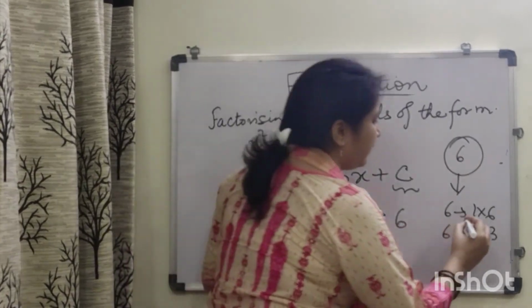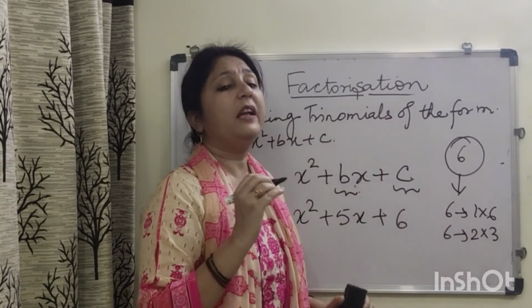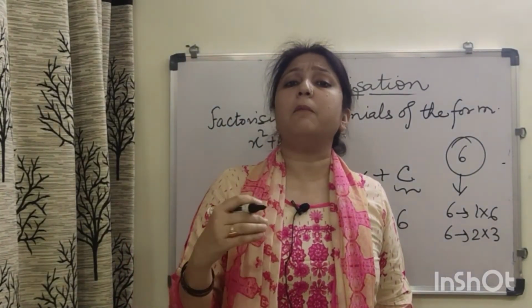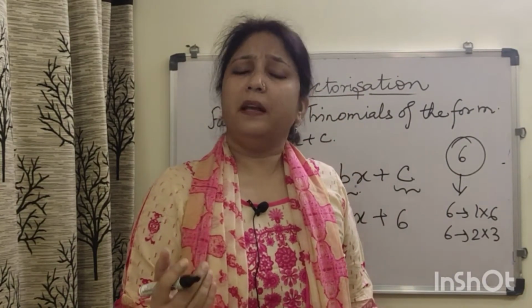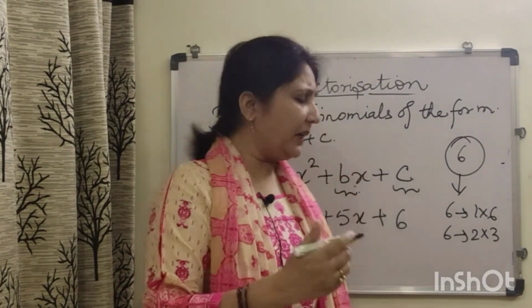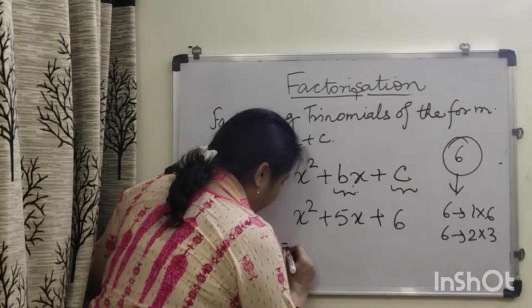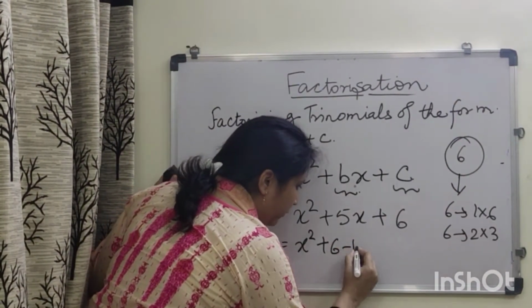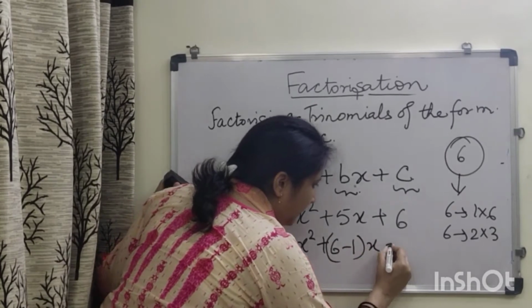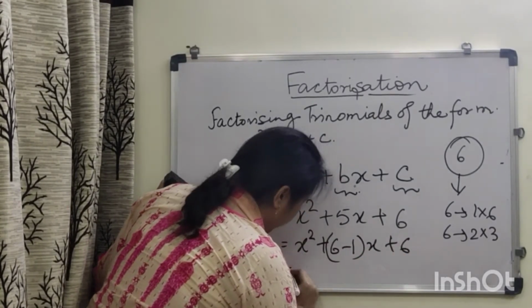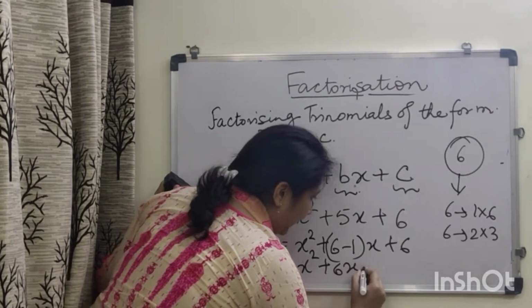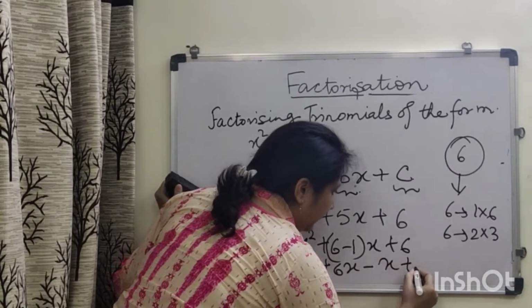If you take 6 ones are 6, then you will say, ma'am, you said either sum or difference. Yes, 6 minus 1 is 5, but I am showing you. If you take x square plus 6 minus 1 times x plus 6. Now you release the bracket. It is x square plus 6x minus x plus 6.